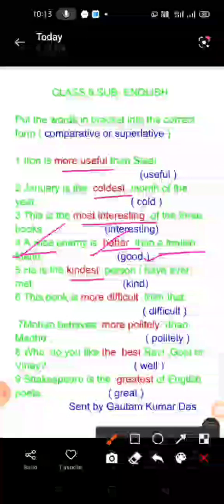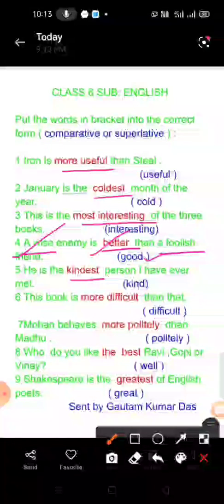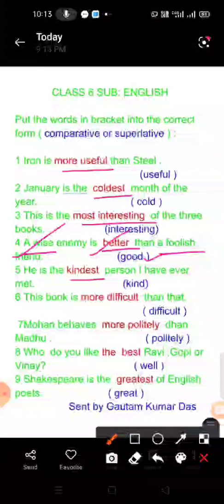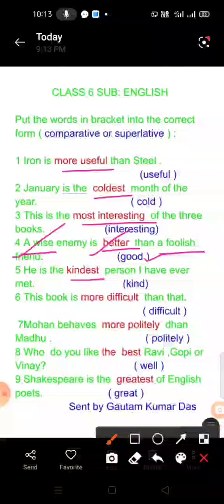You are comparing these two, a wise and a foolish. Who is better? A wise enemy is better than a foolish. You are making comparison between the two.